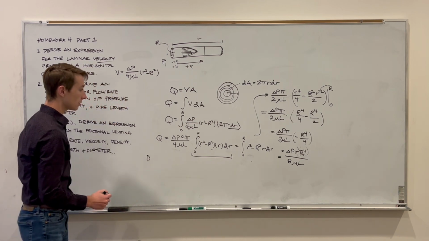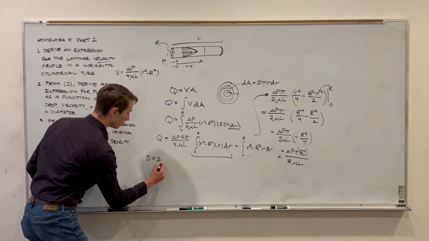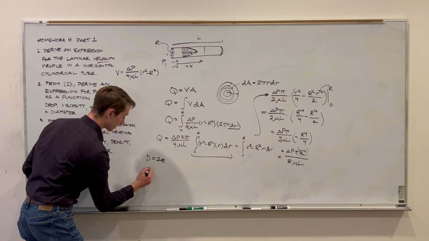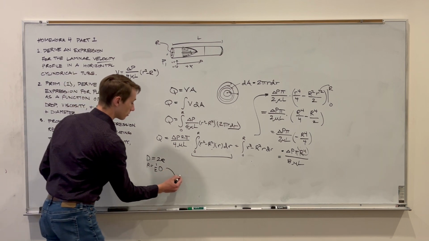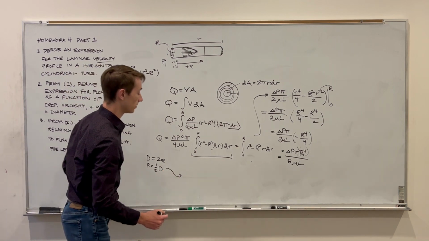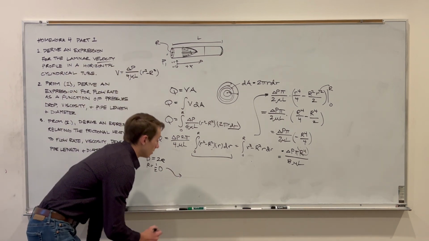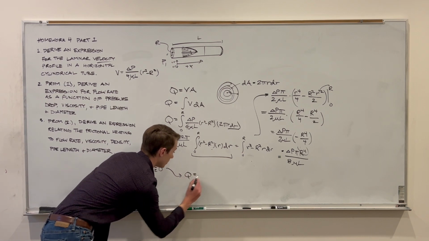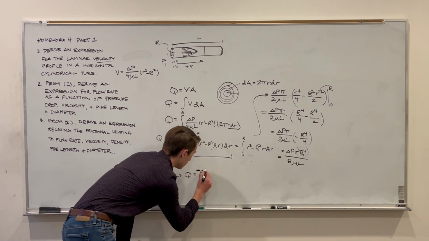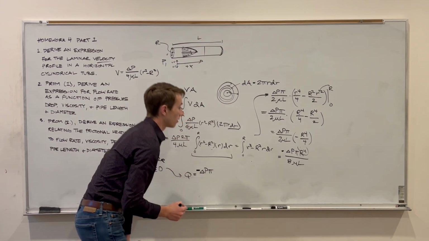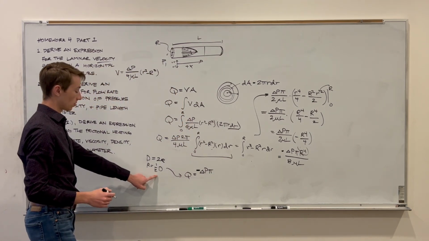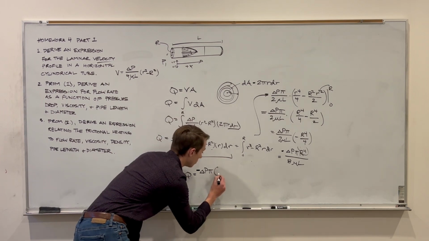D. So D equals 2R, or I guess I could have written it this way, R equals 1/2 D, right? So our final expression then becomes Q equals delta P pi R to the 4th power. I'm going to insert 1/2 D in there.